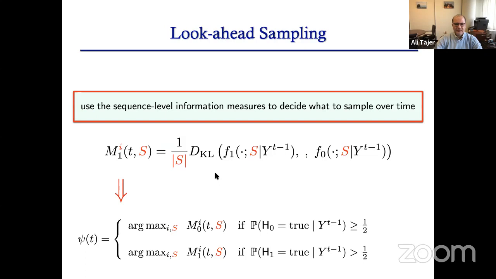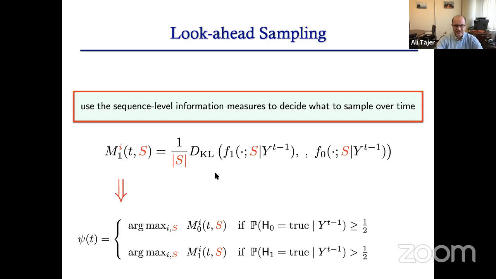And now, instead of selecting the node that gives us the information based only on the immediate node i that we're going to select, just based on the marginals, we look at the node that gives us not only the best immediate return of information, but the node that belongs to the most promising sequence of sampling over time. So let's say that at time t, based on the observations collected up to time t-1, we decide that the maximum likelihood decision for the hypothesis is H0.